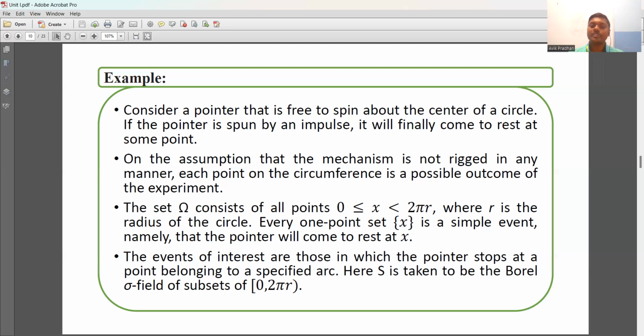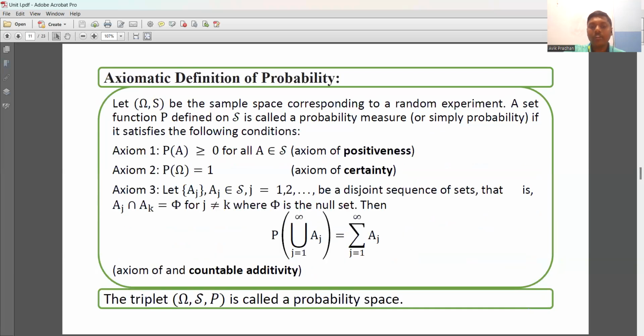In the last two examples, we had a discrete sample space, but in this case, we have a continuous sample space. Okay, so we have the idea of the sample space of a random experiment, and then we have the idea of an event.